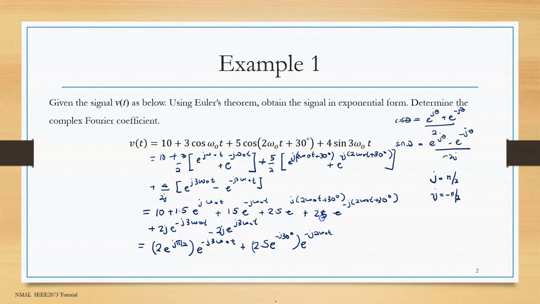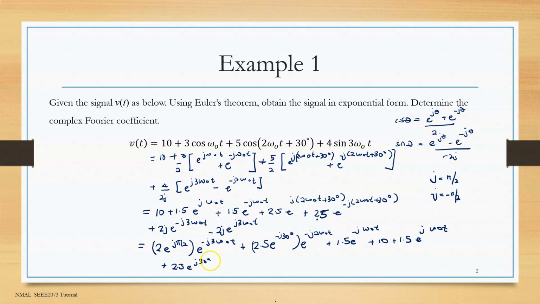And then plus 1.5 e^(-j omega naught t), and then plus 10, plus 1.5 e^(j omega naught t), plus 2.5 e^(j30 degrees).